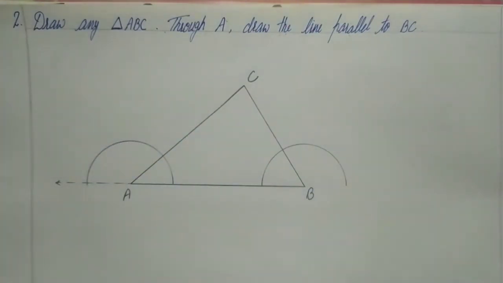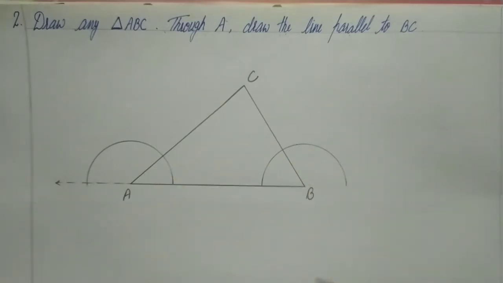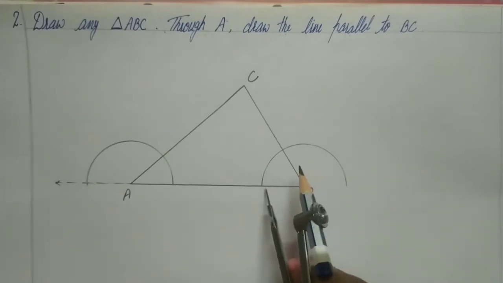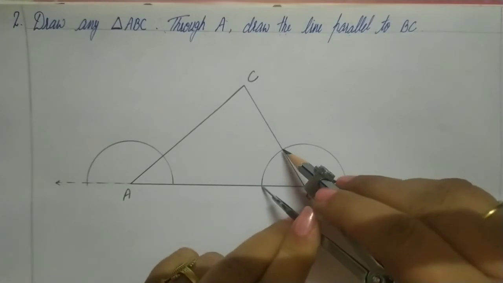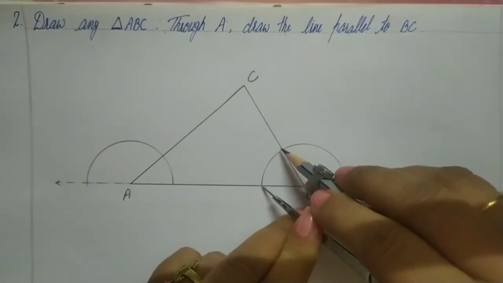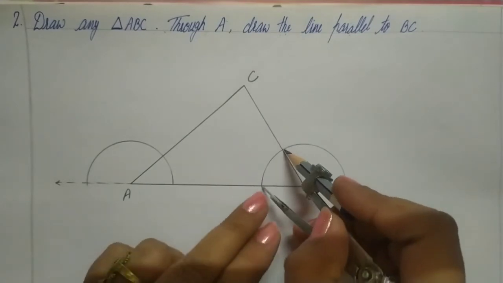Now we have to draw an angle equal to this one, so open your compass equal to the width of these two arms of the angle ABC, this one.